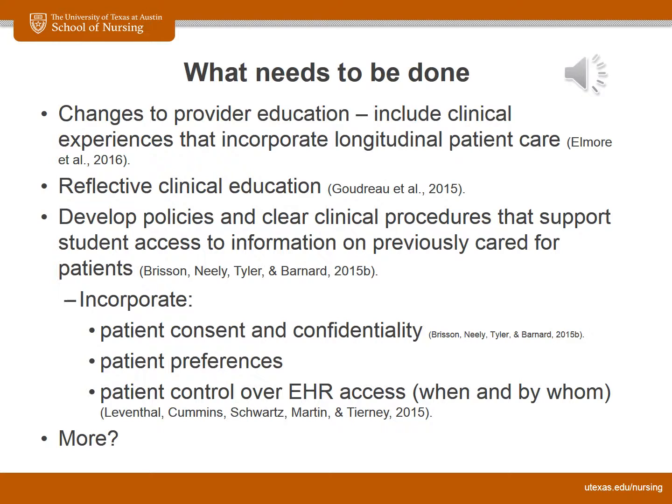Or is that necessary? Does this particular activity fall under HIPAA guidelines? And if it does, then it needs to be very explicit so that people can move forward with allowing and be comfortable with allowing students to access the records of previously cared for patients.